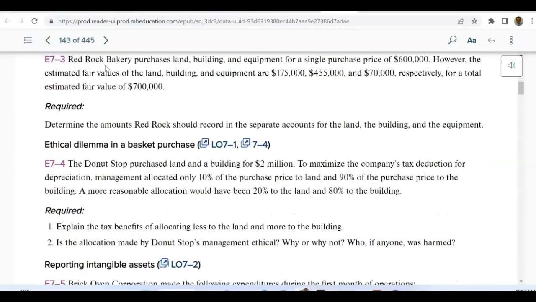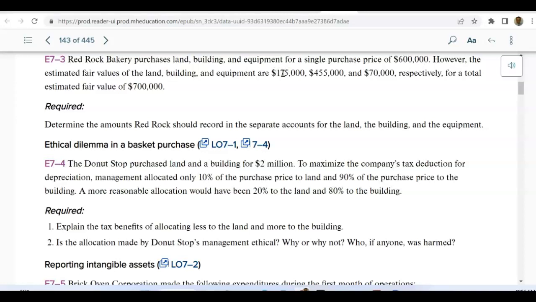7.3. Red Rock purchased land, building, and equipment for a single basket price of $600,000. However, the estimated fair value of land, building, and equipment are different, obviously.